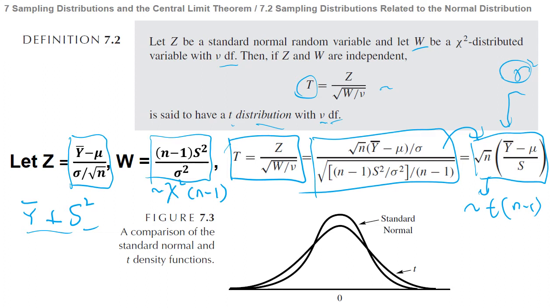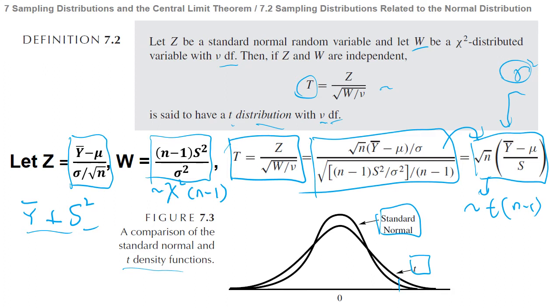Okay, and here is figure 7.3, describing the comparison between the standard normal and t distribution. What we know is that the t distribution has heavier tails than the standard normal distribution.